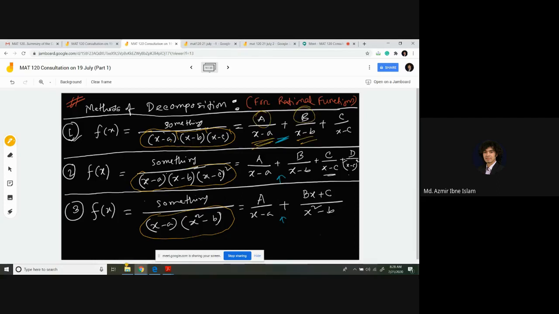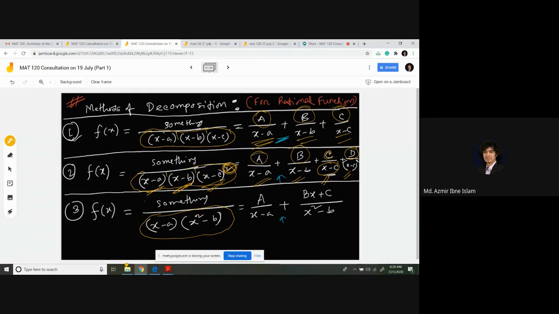But things get complicated with higher powers. For x minus a and x minus b we have one constant each, because they have power 1. But x minus c has power 2, so we first keep x minus c with one constant, and then take the second, x minus c squared, with another constant d. This is how we decompose rational functions.